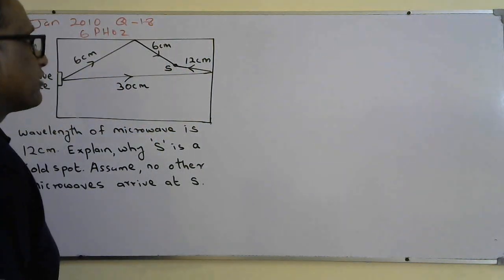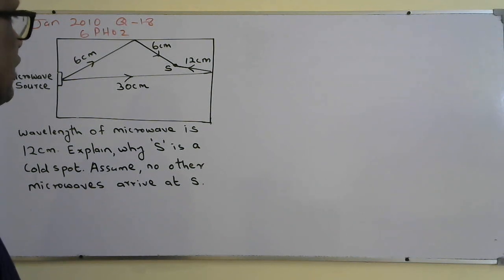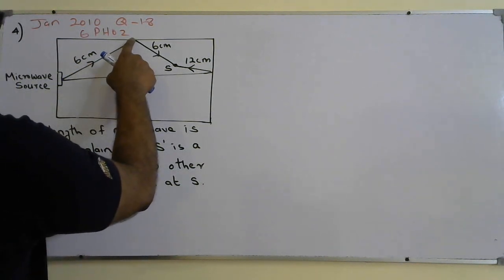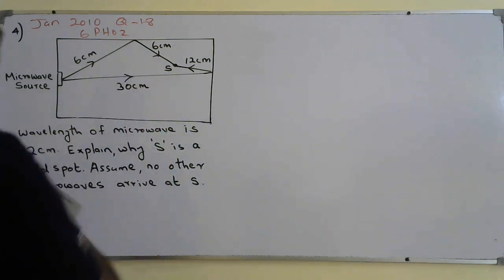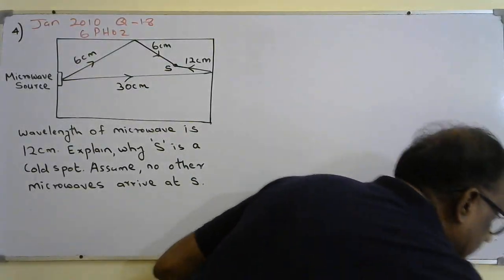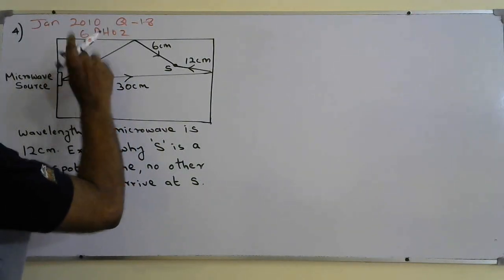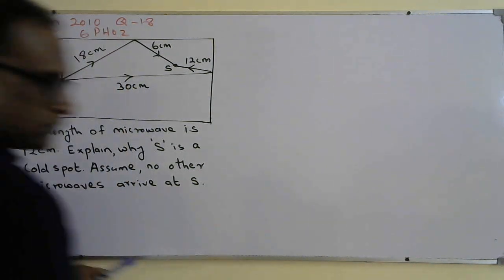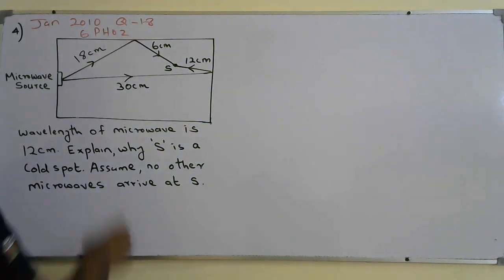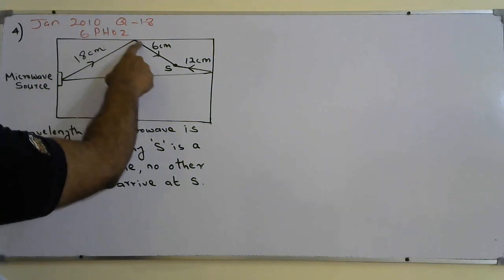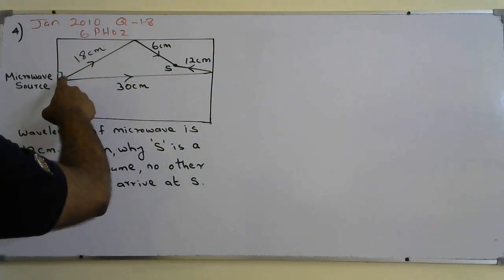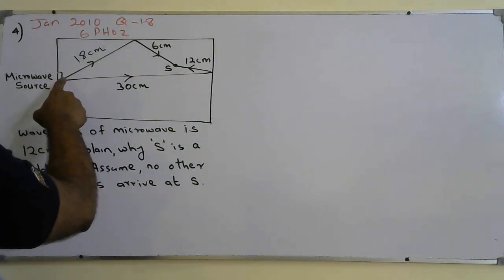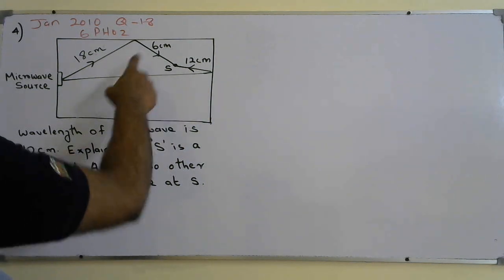Okay, so the path difference means the difference between the distances traveled by the waves. When I consider the first wave, it's traveling a distance, sorry, this is 18 centimeter. That's a mistake in my question. I accidentally wrote something else. So this wave is traveling 18 centimeter, then 6 centimeter, so the total length traveled by this wave is 18 plus 6. The other is traveling a distance of 30 centimeter, then 12 centimeter.